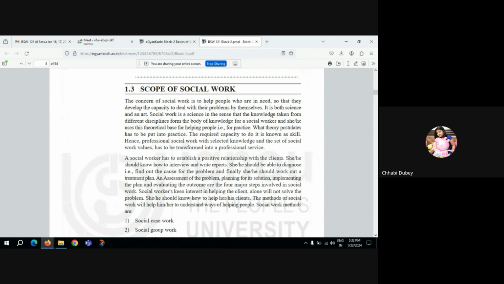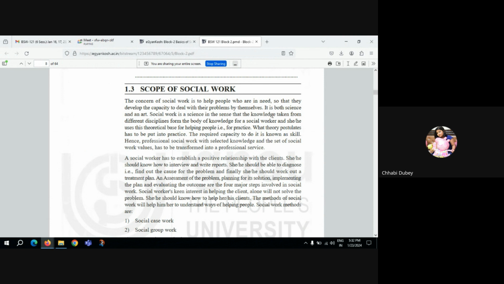It is a science in the sense that the knowledge taken from different disciplines forms a body of knowledge for a social worker. He or she will use the theoretical base for helping people in practice. The various theories in social work have to be put into practice.